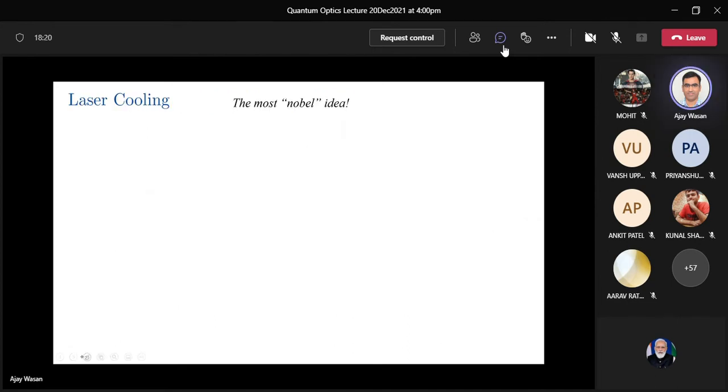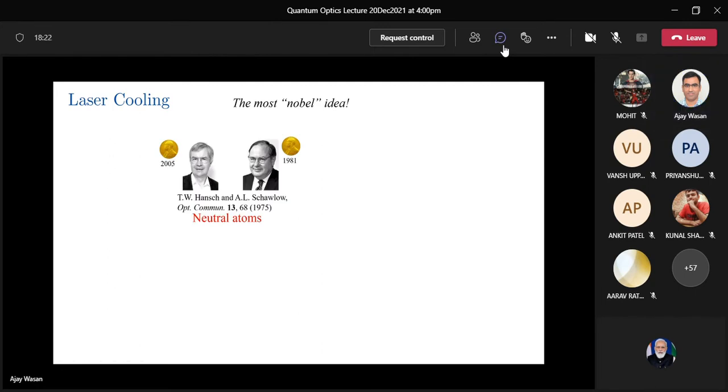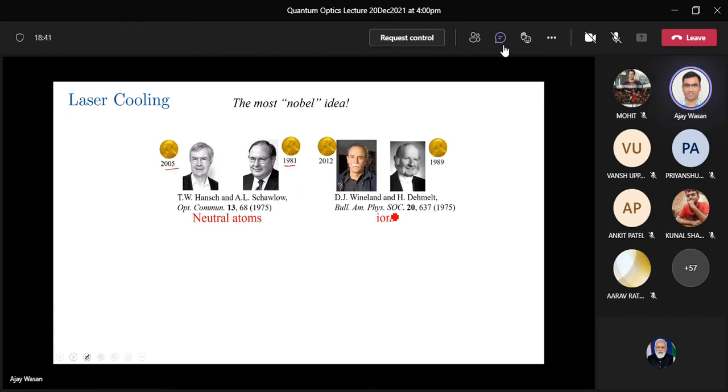In between, on laser cooling, I'm showing some famous people who got the Nobel Prize. Theodor Hänsch, Schawlow: they worked on neutral atoms initially, gave the idea, and got the Nobel Prize in 1981, and Hänsch got it in 2005. Some work was done on ions: Dehmelt and Wineland, in 1989 and 2012.